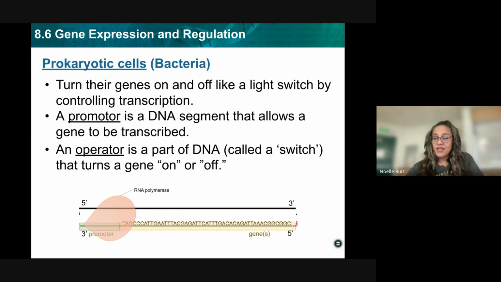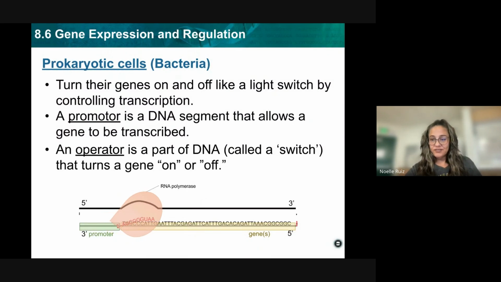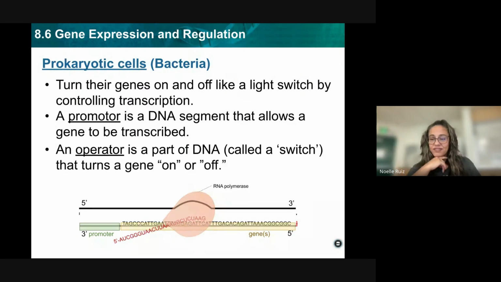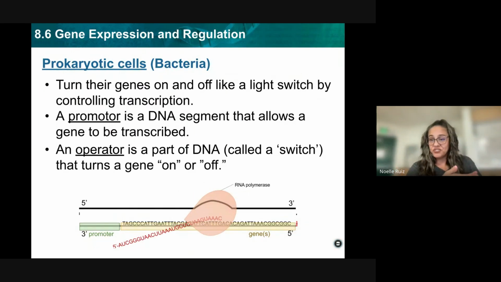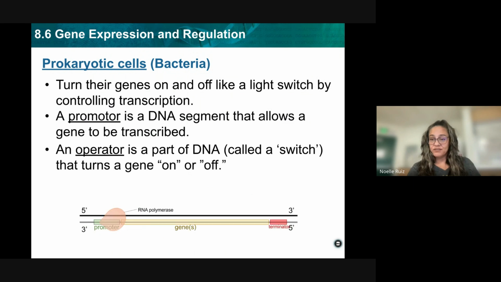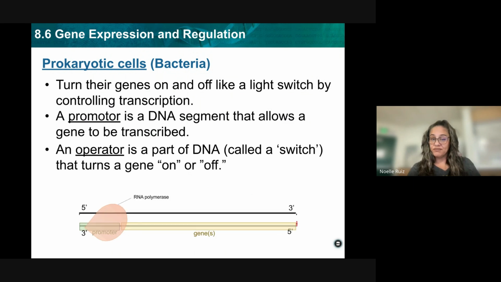Prokaryotic cells is what we study because it's very easy to see and to study their switches. Just like a light, turns on and off. They're literally called gene switches. So prokaryotic cells turn their genes on and off like a light switch by controlling transcription.